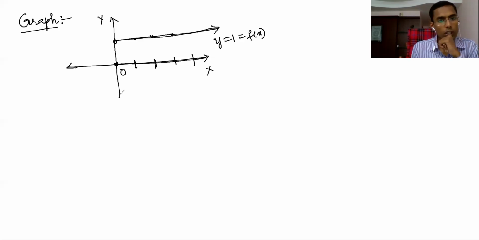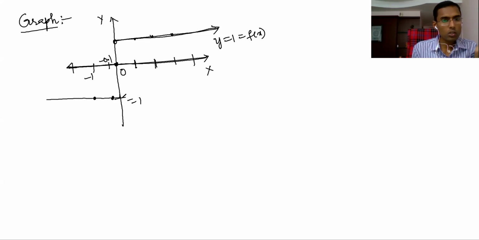If x is minus 1, this is minus 1. When x is minus 0.1, this is negative only. When x is less than 0, it is negative: minus 1, minus 2, for all negative values it is minus 1 only. So the graph you get is like this.